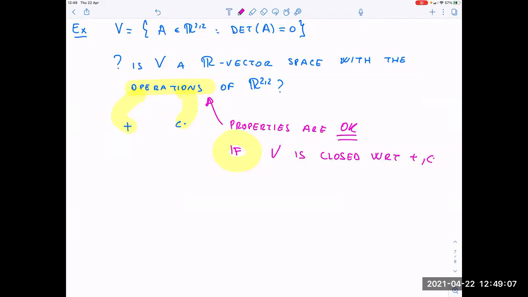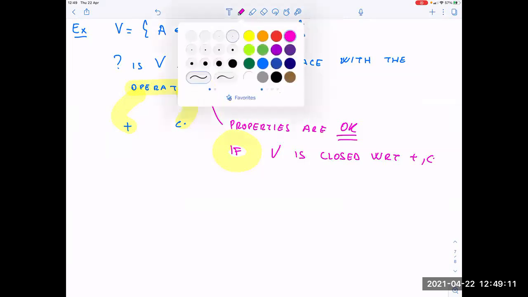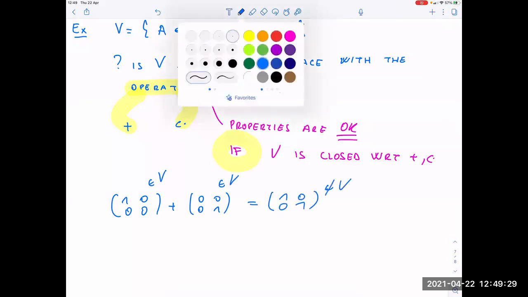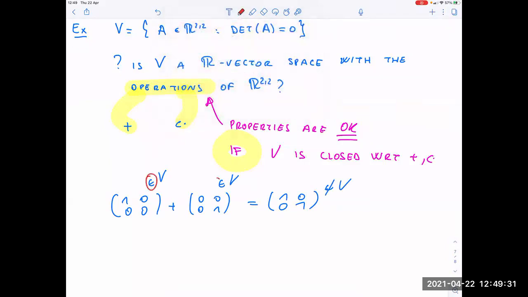Okay, so Pascal Riaki says, well, it is not because if you sum these two matrices, this is a matrix of V, this is a matrix of V, and when you take the sum, this is not a matrix of V, because being in V means determinant 0.